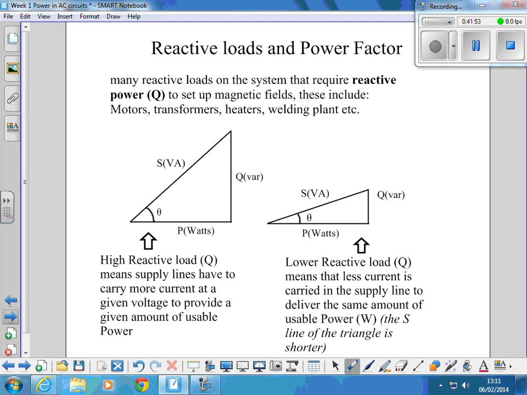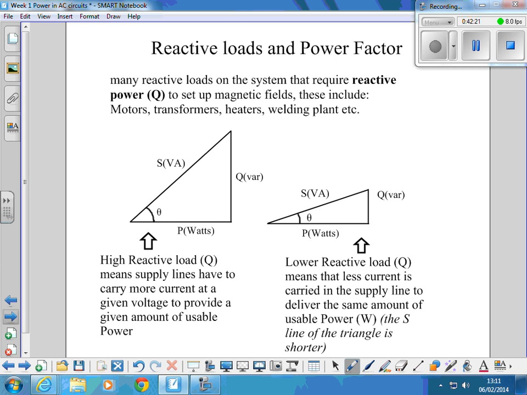If we have a high reactive load, in the left-hand diagram, Q relative to P is quite large. It means the supply lines have to carry more current, because if we assume voltage stays the same, then the current must be more at a given voltage to provide the same amount of power.